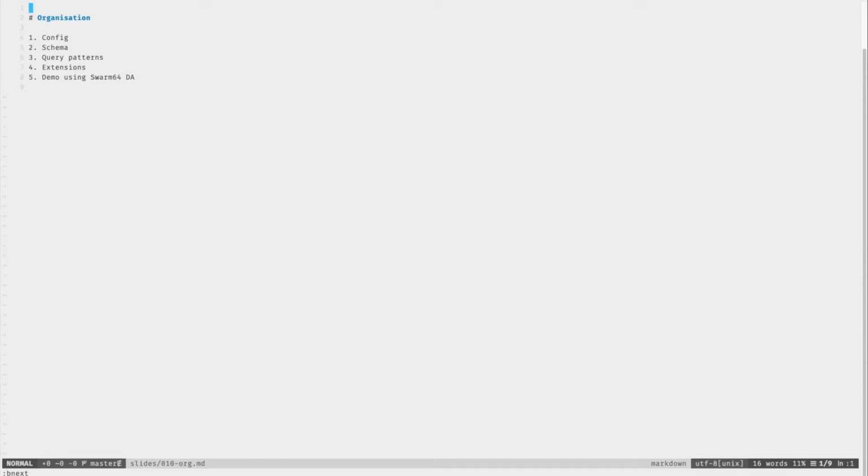After that, we cover some query patterns. I prepared 4 different coarse-grained topics around query patterns to give you an idea about what you can optimize and what you should look out for. Then we quickly check the extensions. And last but not least, I give you a demo with Swarm64 and 2 more OLAP queries, which do statistical computations on a data set we've chosen for this talk.